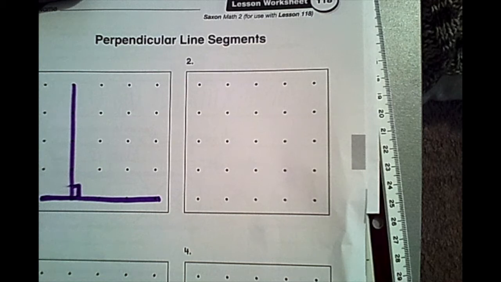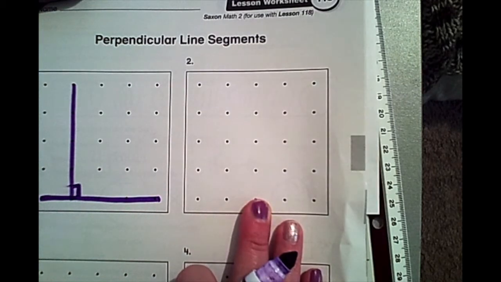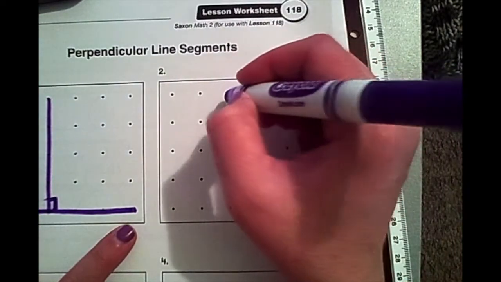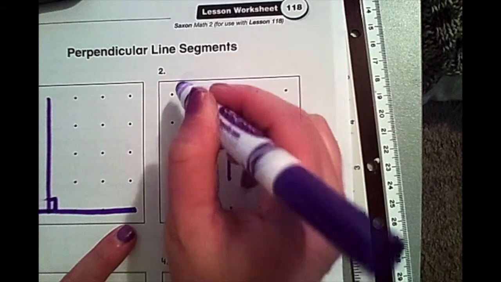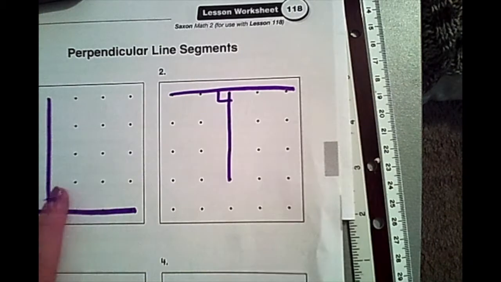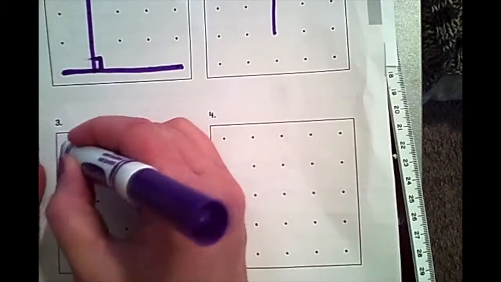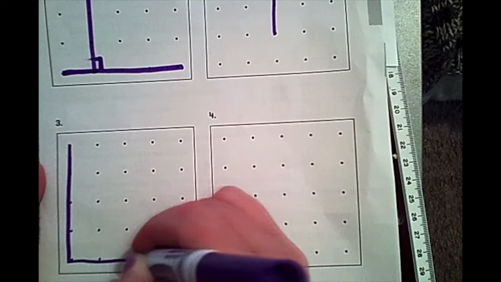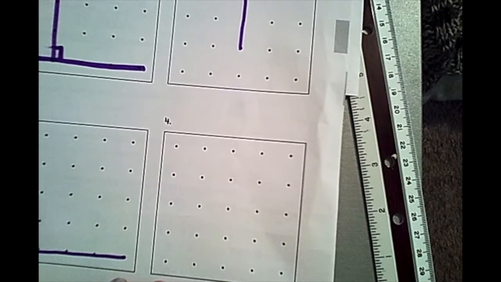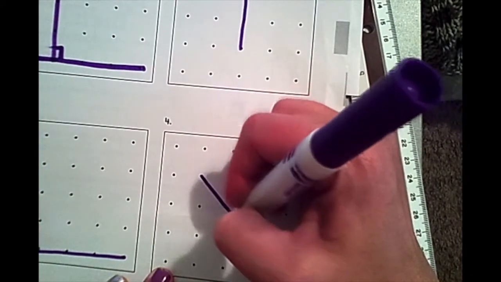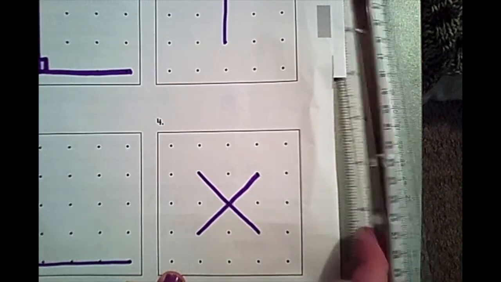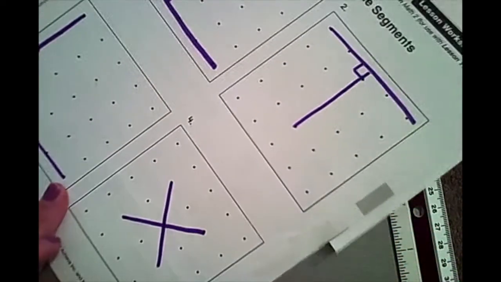Perpendicular lines come in many different ways. They look different. Sometimes they can look like a capital T, okay? Or they can be just an L, okay? Or they can actually be an X. Okay, if I have an X here and I turn it this way, guess what?